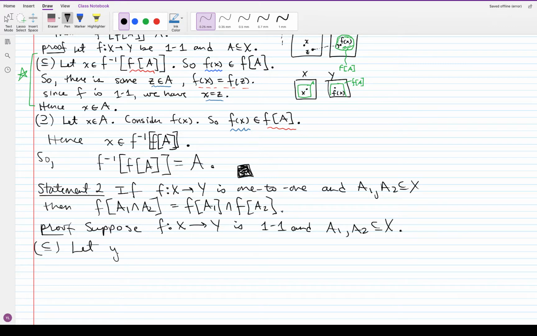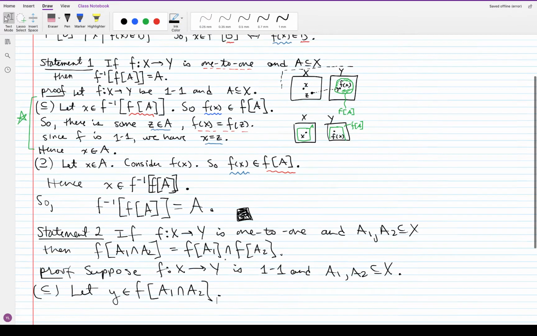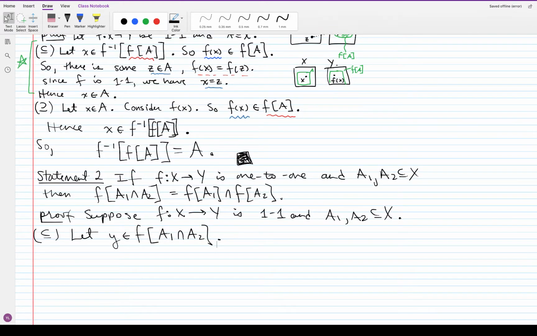We want to start by selecting an arbitrary element of the set on the left, and I'm naming that element y because I understand that an element of the image of a set lies in the range of the function. So this is where I start, and then I can scroll up and remind myself what it means for something to be an element of the image of a set. It means that there is some member of the set A such that y equals f of x. So I'm using that translation.